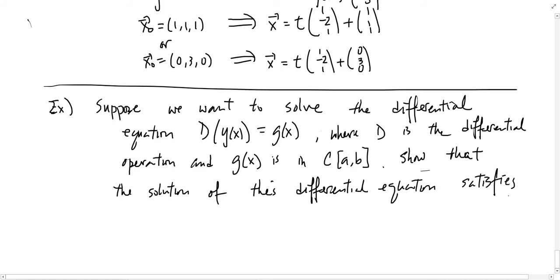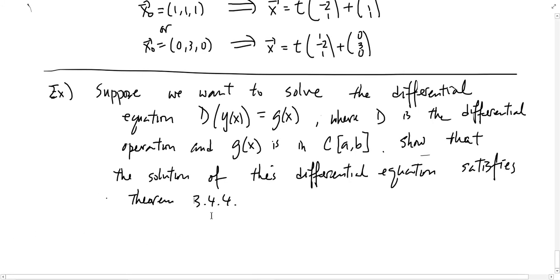So basically meaning that if I find the solution to this differential equation, I want to show that this solution is made of two parts. One part is the homogeneous solution, the other part is a particular solution that satisfies the equation. So satisfy theorem 3.4.4. So how does it work?